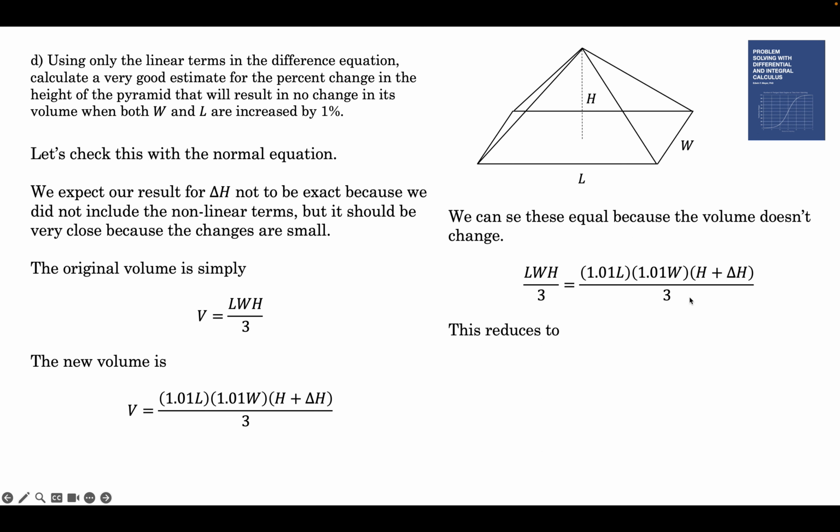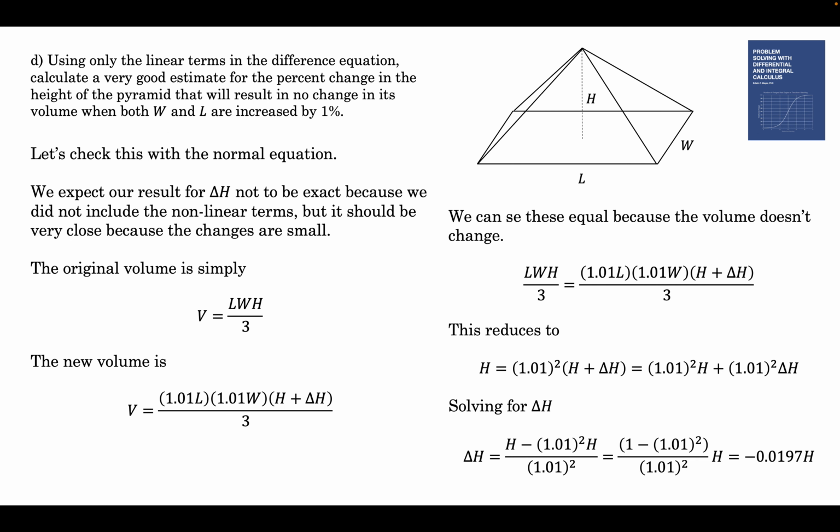Solve for delta H. So the L's and W's cancel. We have H equals this. We can collect the H's, solving for delta H. And we get minus 0.0197 H.